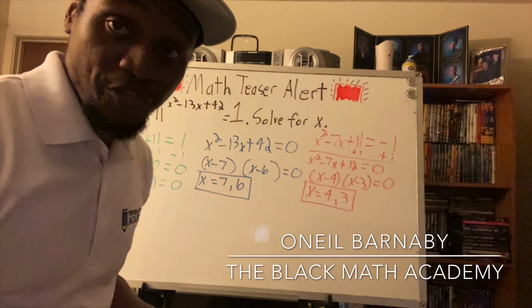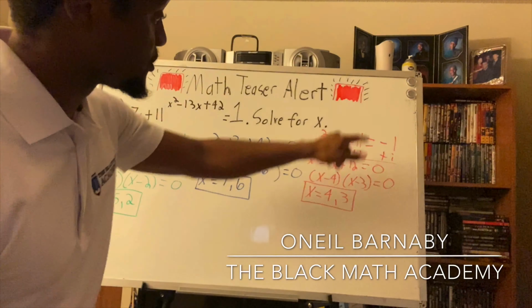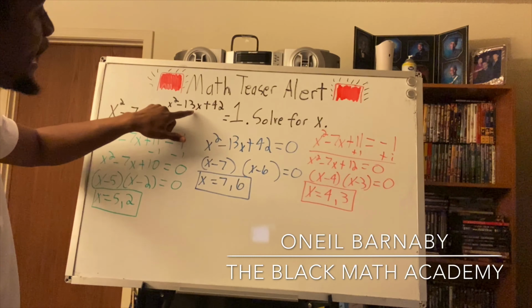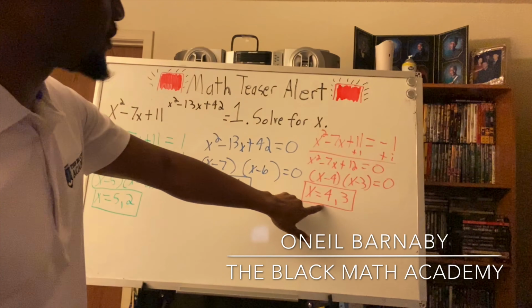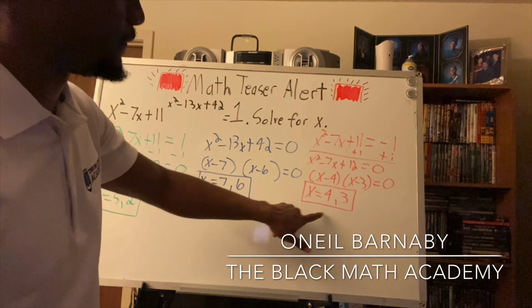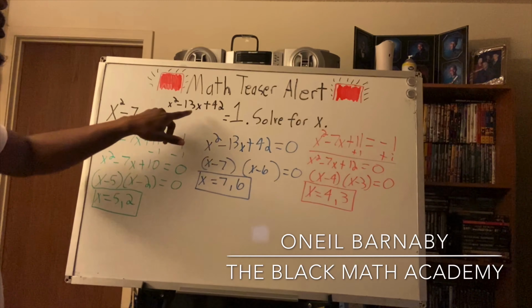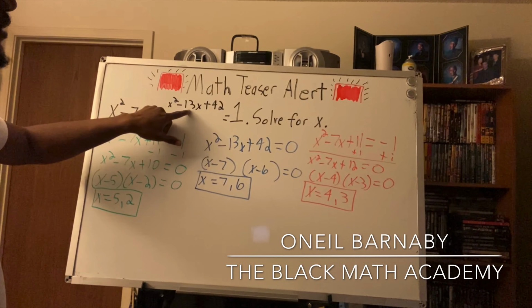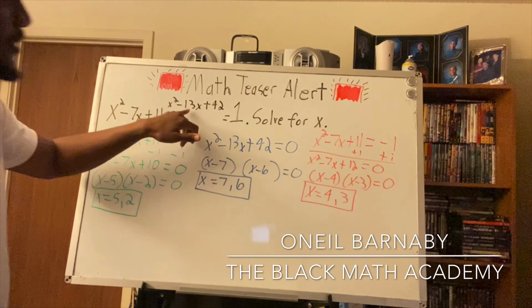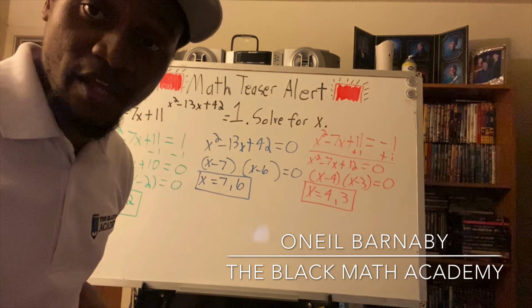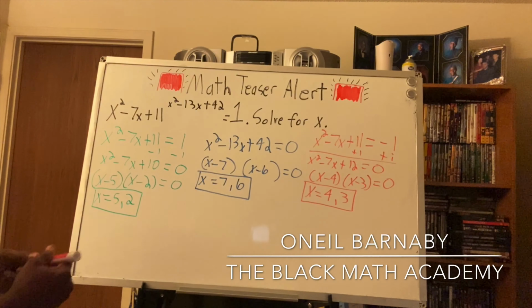But we have to be sure that they work, because the other part of this scenario was that the value of the power had to be an even number. So we know what makes the base negative 1. It has to be 4 and 3. But we have to make sure that this is equal to an even number. So the way to do that is to take these two numbers and plug it into this equation and see if you get an even number as an answer.